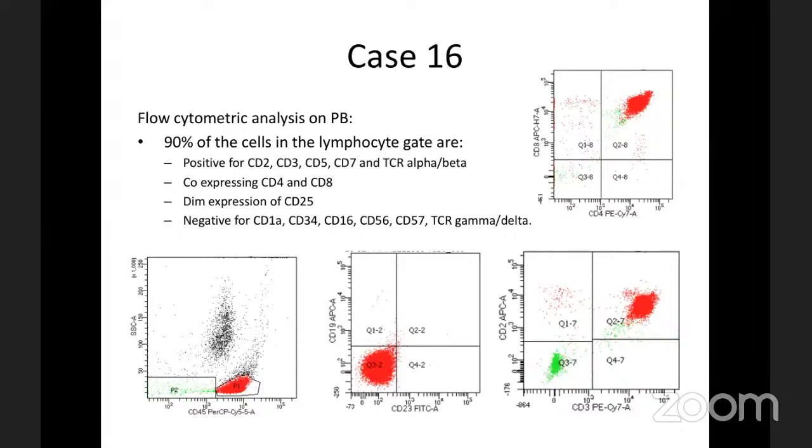The flow cytometry analysis is crucial. In this case, we found 90% in the lymphocyte gate with strong CD45 and low side scatter. They are positive for CD2, CD3, CD5, CD7, TCR beta and co-expressing CD4 and CD8 together. And this is almost exclusive for the T prolymphocytic leukemia.